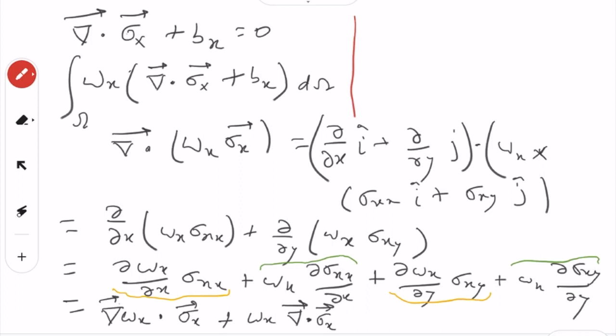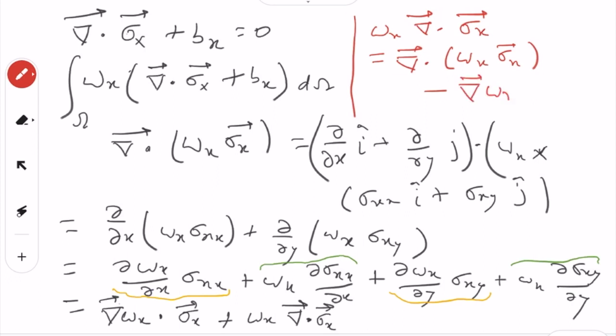So what is the meaning of this one? So this will be wx divergence of sigma x equal to divergence of wx sigma x minus gradient of wx dot sigma x.